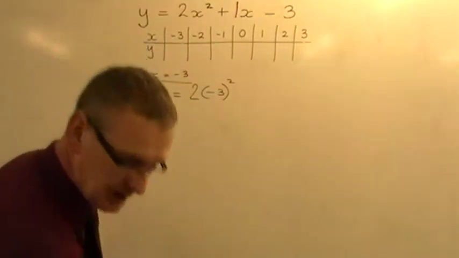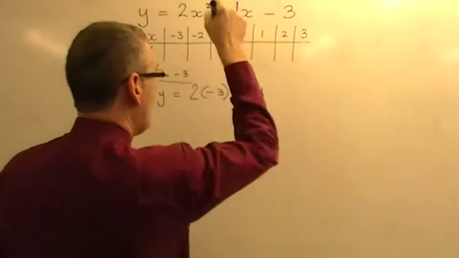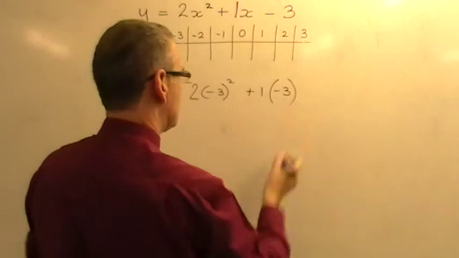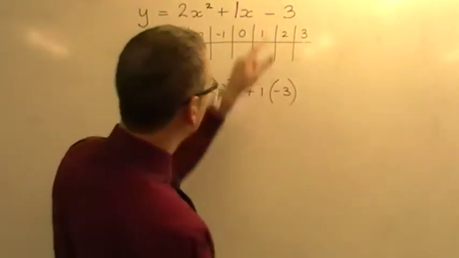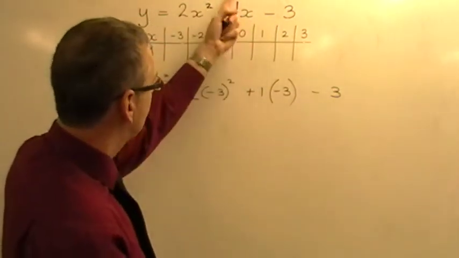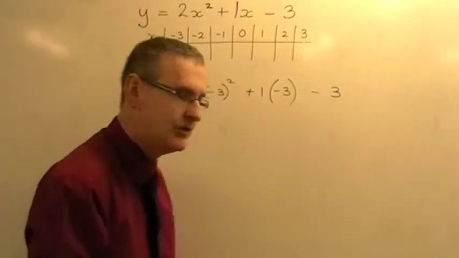So what I've got here is now plus 1 times by x, 1 lot of x. So I'll put in a bracket that x is minus 3. So I've got plus 1 lot of minus 3 to work out. And then I've got take away 3. So I would suggest if it's just plus x, put a 1 in there, and it makes it easier at this stage.